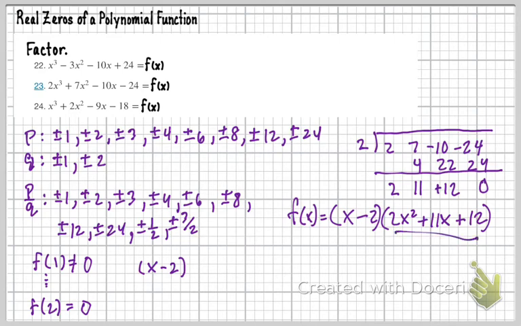So now if I can factor this part here, the 2x squared plus 11x plus 12, then I'm done. Which I can, and I don't have to use the rational zeros theorem to do it. I could just understand what they are. And that's what it factors into. So that's a completed answer.